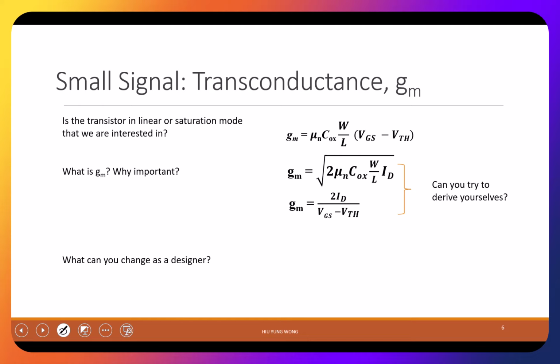Saturation mode is when, this is a classical case, the n-channel case, VGD is smaller than or equal to VTH, which implies VGS minus VDS is smaller than VTH.